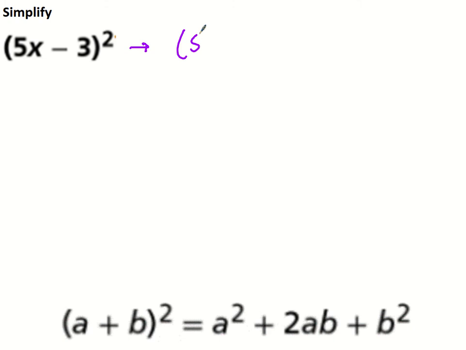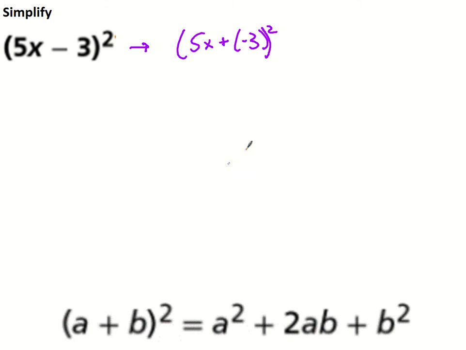So this is 5x, I want to write it as addition, so it follows this, plus negative 3 squared. So I just rewrote it a little bit, where now this is addition, because then I can kind of follow this pattern right here. Okay, so I could expand this out. I could do 5x minus 3 times 5x minus 3 and do distributive property.